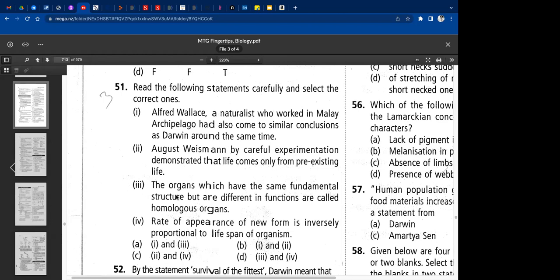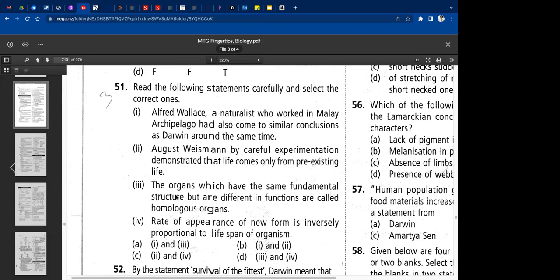Yes, that's correct, Donna. So all of you got the correct answer. The correct answer is option A, which is statements 1 and 3 are the correct ones. Now, out of all the four, 3 is for sure correct, right? Make sense?